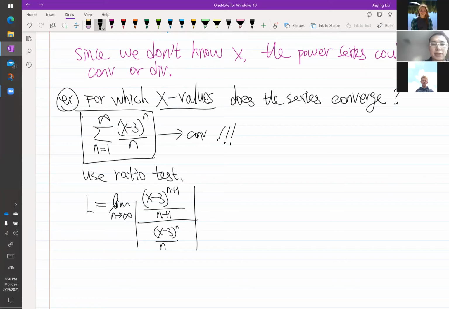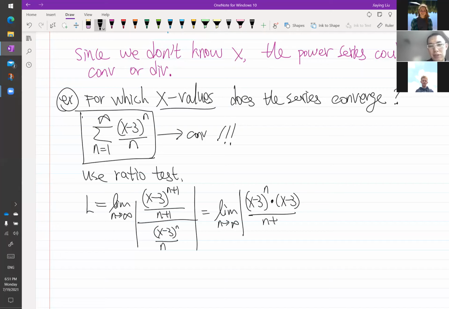I'm going to simplify the division in the absolute value. So that becomes the limit as n goes to infinity of the absolute value of (x minus 3) to the n plus 1, which I'm going to write as (x minus 3) to the n times (x minus 3) to the first power. But you don't have to write the 1 in the exponent.